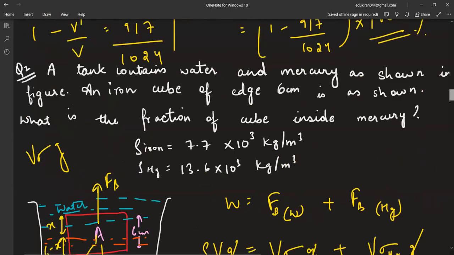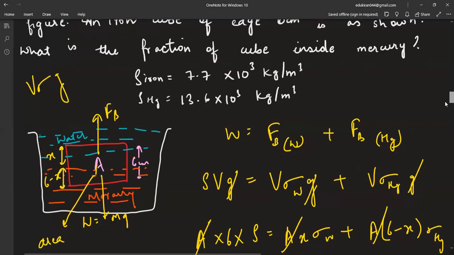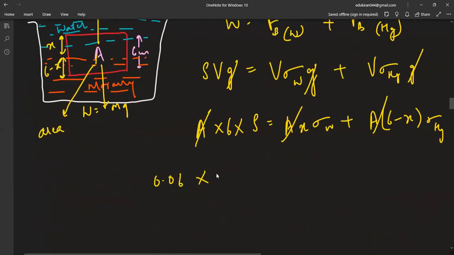Let's check this. It's given in meters. So this was 6 centimeters, 0.06 into. Everything is given. Density of iron is 7.7 into 10 to the power 3. Then x, we don't know.